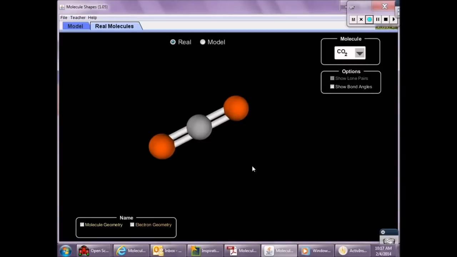AB2. Under general formula, write down AB2. That means any molecule that would have that form is one central atom with 2 terminal atoms, and there is no unshared electrons on the central atom. No dots. Nothing.